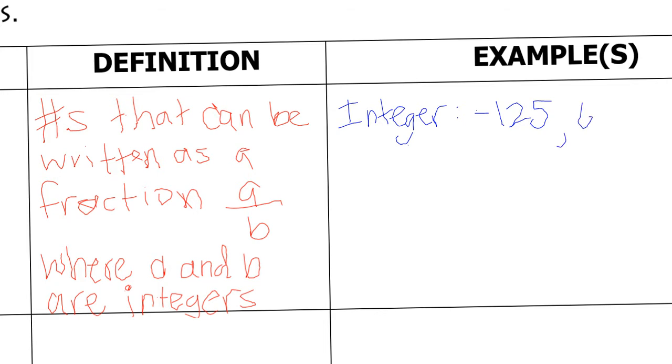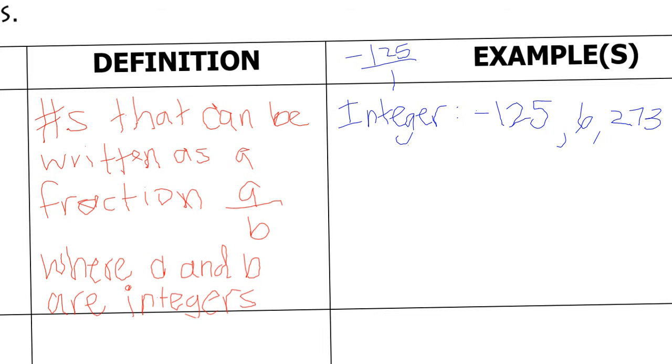Or 6, or 273. Okay, those are integers. And those can actually be written as a fraction because you could write negative 125 over 1. That's a fraction, and negative 125 over 1 is just negative 125.